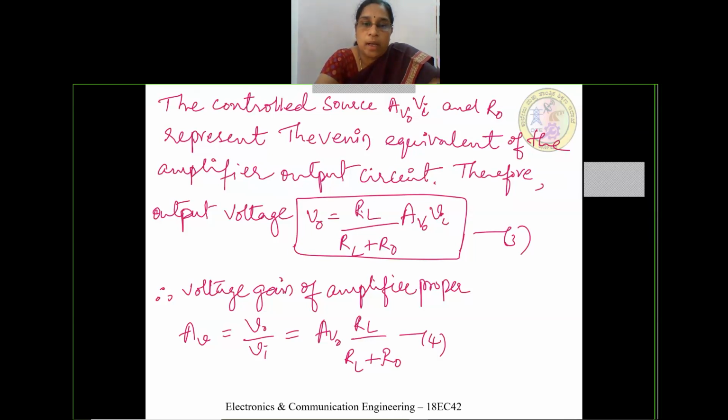Amplifier proper in the sense that this ratio is concerned with only the amplifier input and amplifier output terminals. So AV equals V naught by Vi, which equals AV naught times RL by RL plus R naught. Equation 4. These are all important relations concerned with an amplifier.